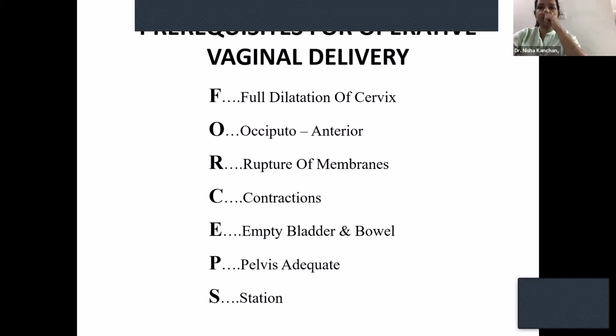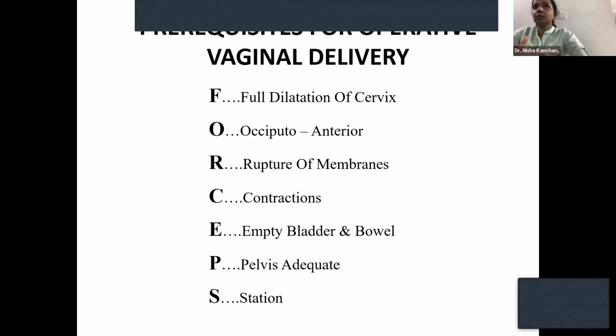Is it the posterior fontanelle or the anterior fontanelle? Yes, the posterior fontanelle. So when you do a PV examination, you should not feel the larger diamond shaped fontanelle. If you're easily feeling the large diamond shaped fontanelle, you feel that something is wrong with this patient and it is a deflexed head. You should feel the small triangular fontanelle or the posterior fontanelle.